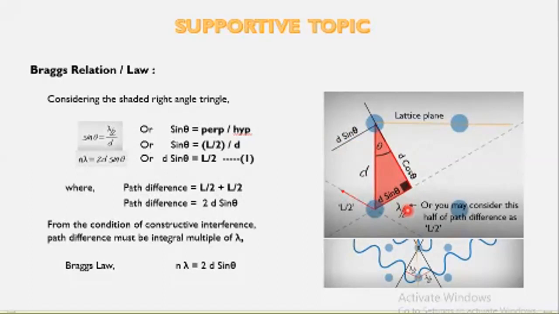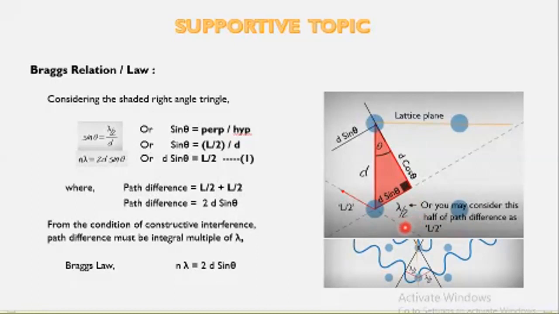So we may consider this half of the path difference as L by 2. In the video clip that I copied from, they labeled this side as lambda by 2. But since we want to generalize it, we are not sure for the time being whether it may be lambda by 2 or not.